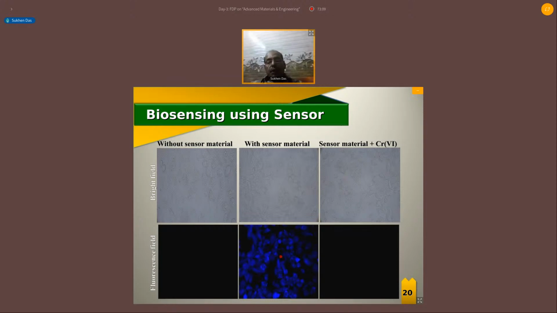But if we add chromium or the liquid collected from the Bantala canal, the fluorescence property goes away again. So it is a very clear indication from which we can easily find the presence of chromium, and we can also find the percentage of chromium if we make a calibration curve.